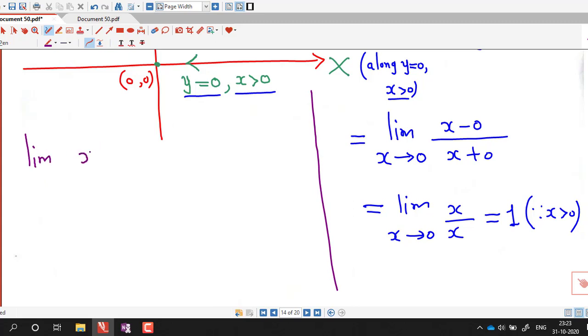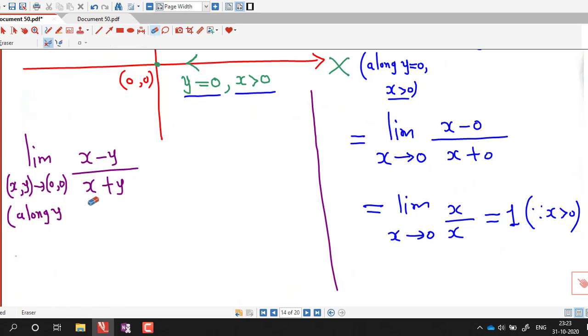Limit of (x minus y) over (x plus y), (x,y) tending to (0,0), along x equal to 0, y positive.